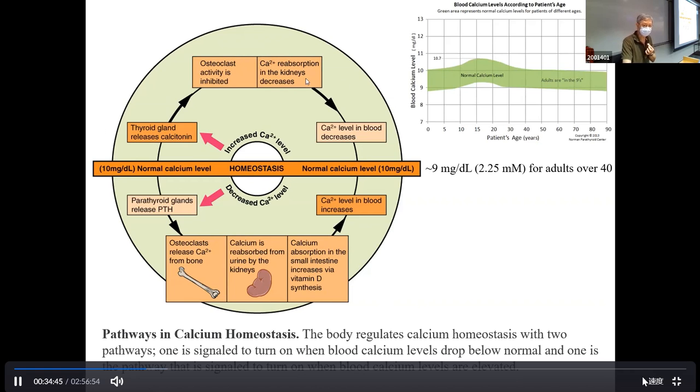This is just a summary diagram to highlight that homeostasis is more or less achieved through this cycle, which will maintain your blood calcium concentration at around 10 milligram per deciliter.